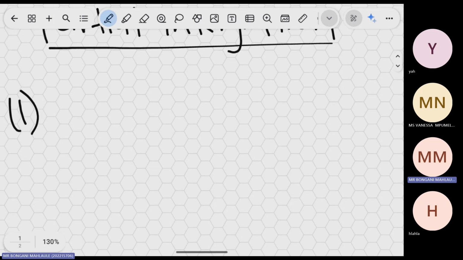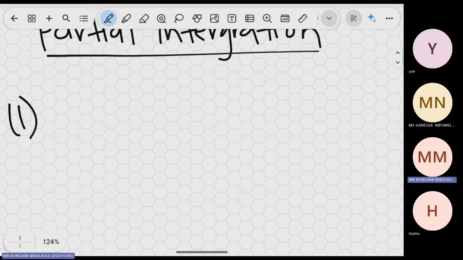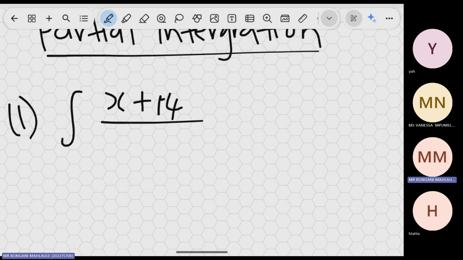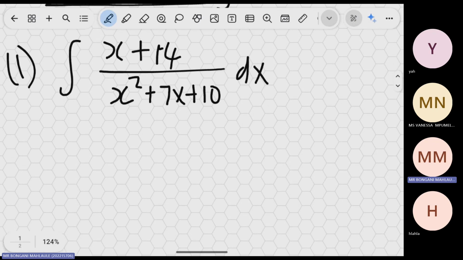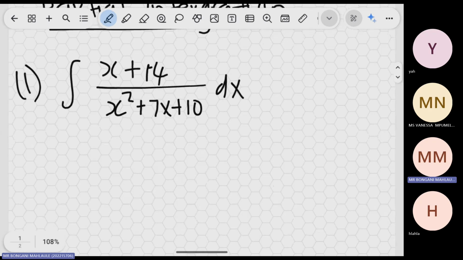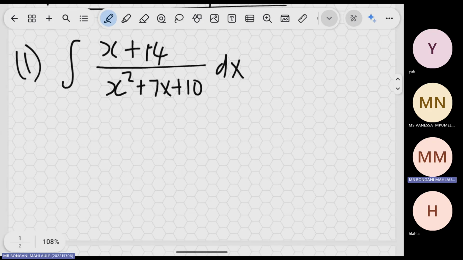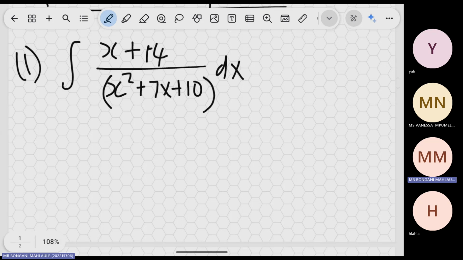Number 1, you are having the integral of x plus 14 over x squared plus 7x plus 10 dx. Okay. So with this one, we can try factorizing it, right?